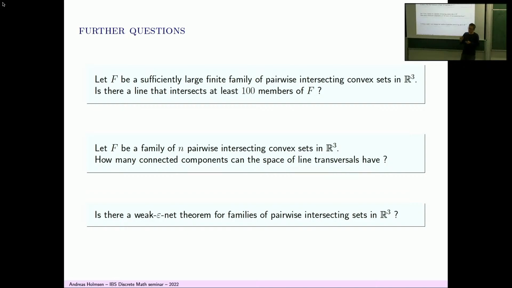But his proof breaks down even if you have not cylinders, but something one-sided. A cylinder is infinite in both directions, but if it's just a convex set times a ray, this proof doesn't work anymore. So going to infinity in one direction doesn't work anymore. We don't know if there's a weak epsilon net for cylinders, but now that we have this counterexample, I don't think people are going to try to prove that.